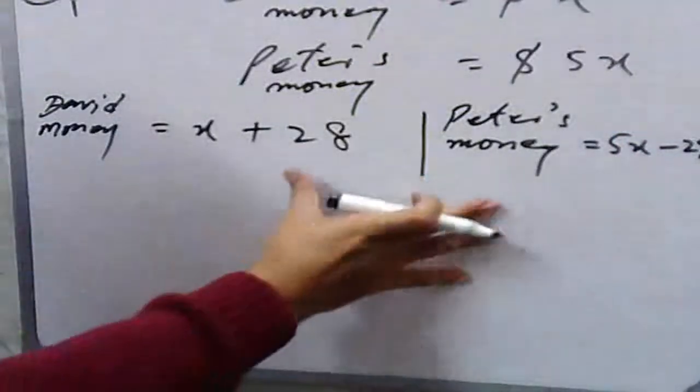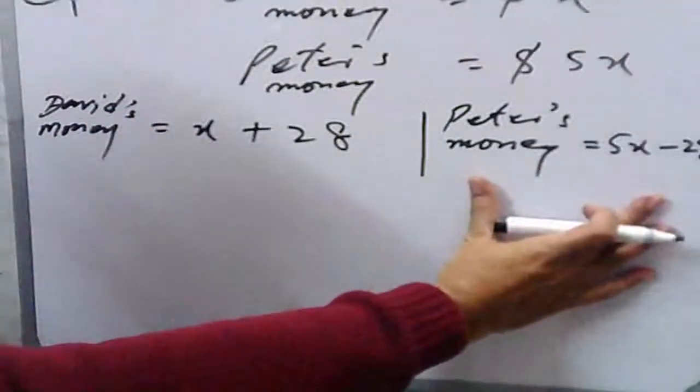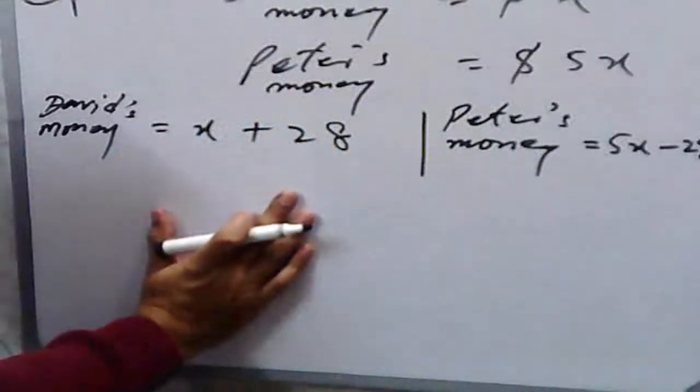Now the condition is clear. David's money x plus 28 and Peter's money 5x minus 28, because 28 is given to David. So those are your basic conditions.